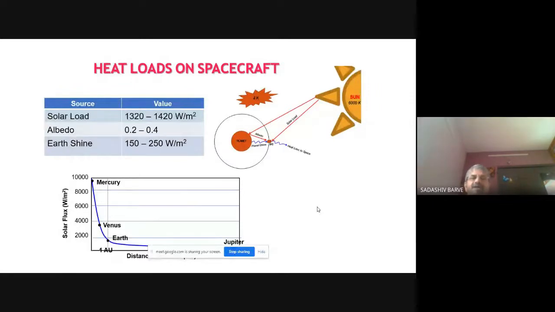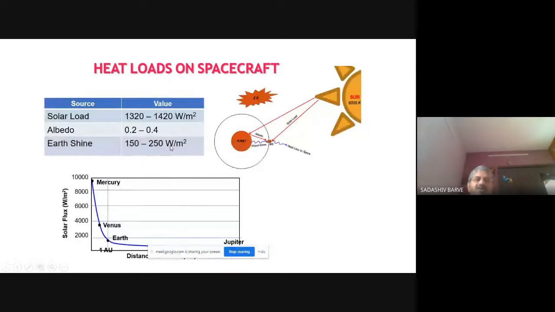Near the equator it throws back more, while as you go toward the north and south it keeps reducing by virtue of the ice portion of the Earth. This average value is generally used as 0.3. Earth-shine load is by virtue of the average temperature of the Earth, which I told you is around 250. It gives this load to the satellite depending on the altitude of the satellite, meaning how far it is from Earth's surface, anywhere between 150 to 250 watt per meter square.